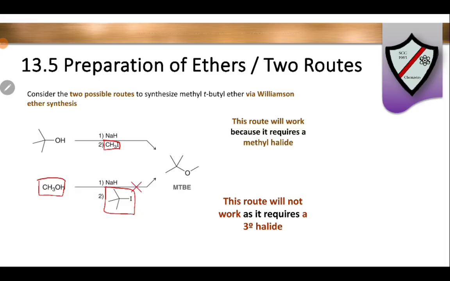So the reaction really just doesn't take place because that is not a primary alkyl halide. So when we're proposing a Williamson ether synthesis, we must be cognizant of using a primary alkyl halide, not a secondary or a tertiary.